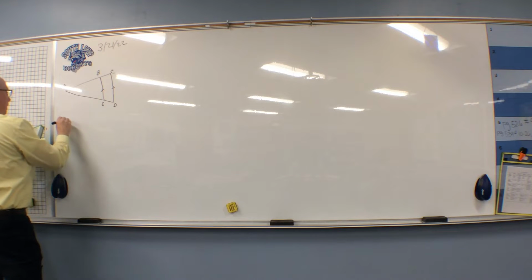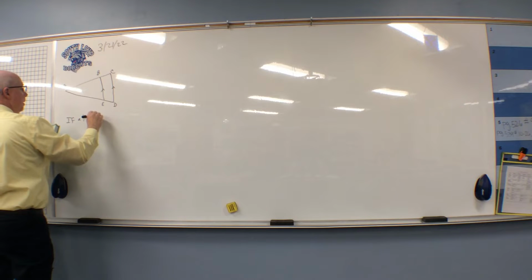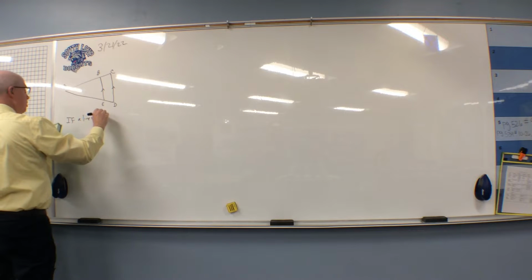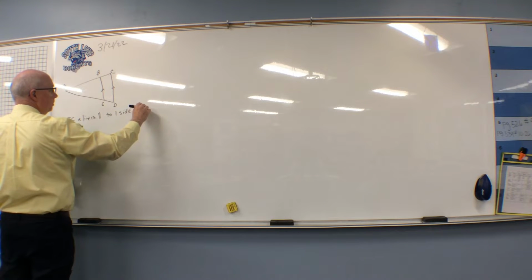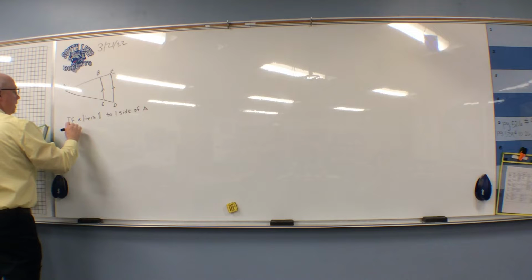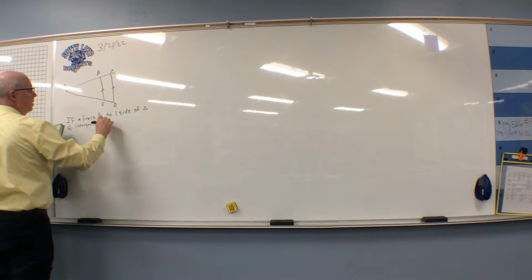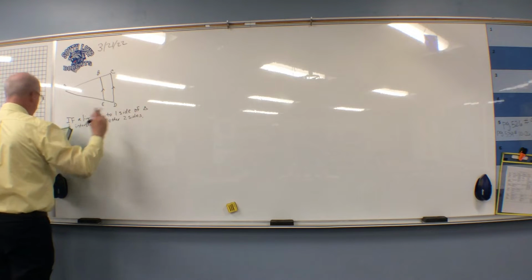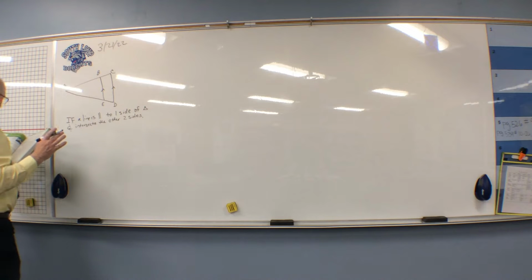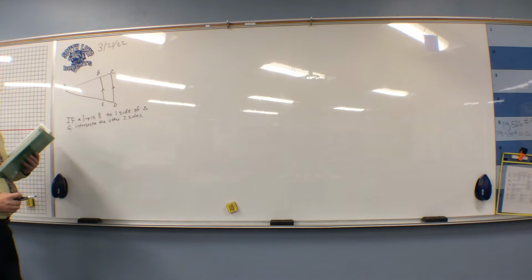It says, if a line is parallel to one side of a triangle and intersects the other two sides. Okay, so let's take a look at just that part. We put this line in so that it was parallel to this side and it intersected this side and this side. Does everybody see that?